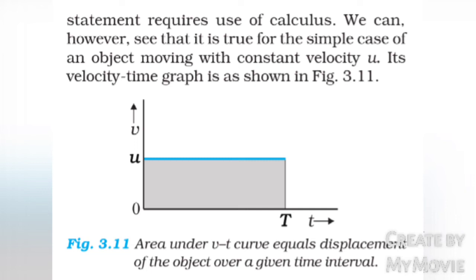The general proof of this statement requires use of calculus. We can, however, see that it is true for the simple case of an object moving with constant velocity u. Its velocity time graph is as shown in figure 3.11.